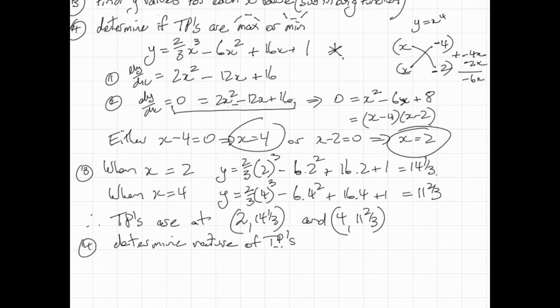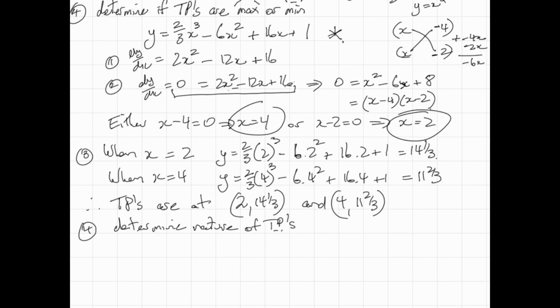Alright, so how do we do that? We've got to see what's going on with the gradient. We know that when x equals 2, we've got a 0 gradient. So we could, if you like, set up a table.